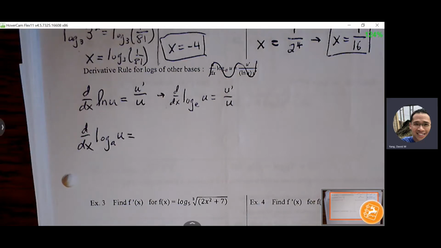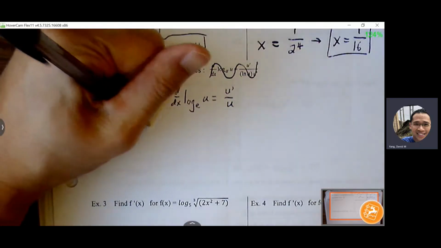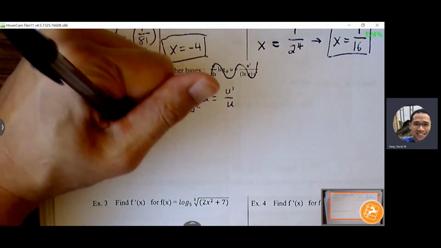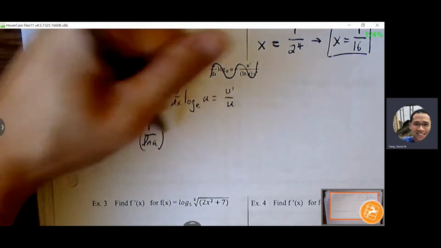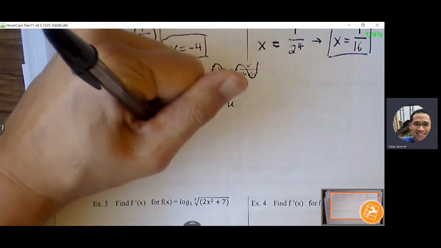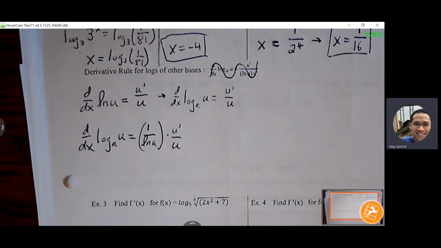So basically, I just want you to think of, okay, log base a, it's basically natural log. There's still that u prime over u, but there's a little bit of extra in front. Okay, this is the extra in front I'm talking about. There's a 1 over natural log of a in front. That's going to do a little bit of conversion. So we like to think of natural log as a parent function, and that log base a we're going to adjust into natural log before we apply the rule.